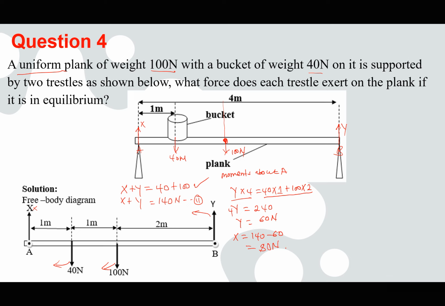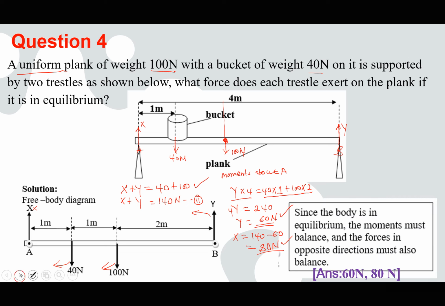So the question was, what force does each trestle exert on the plank? If the trestle at A exerts a force X, it exerts 80 newtons, and if the trestle at B exerts a force Y, it exerts 60 newtons. So these are the answers to this question.